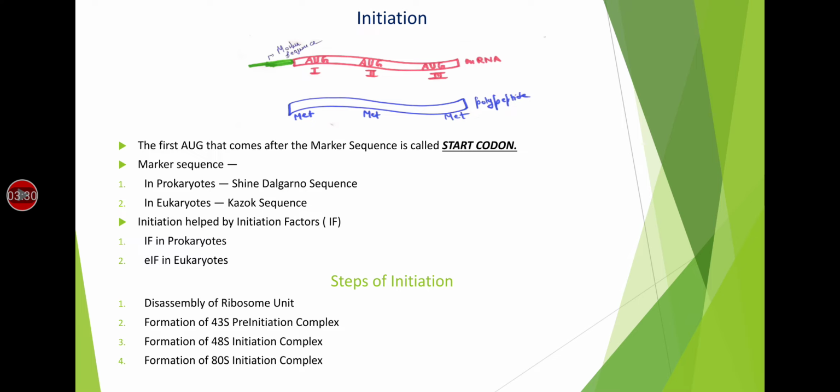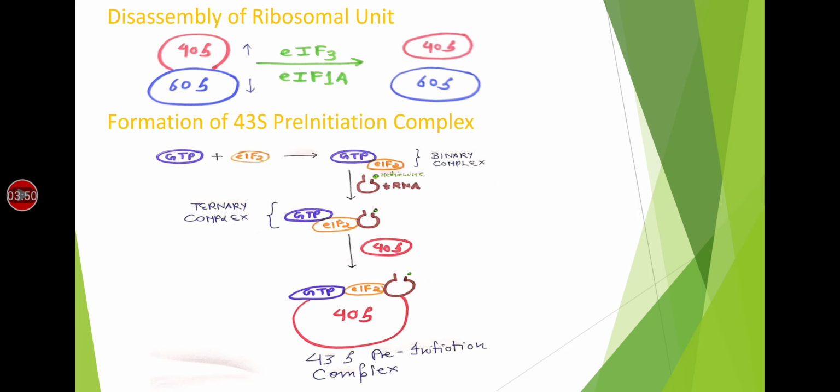Moving on to the steps of initiation. There are four basic steps. First is the disassembly of ribosome unit. Second is the formation of 43S pre-initiation complex. Third is the formation of 48S initiation complex. And the last step is the formation of 80S initiation complex.